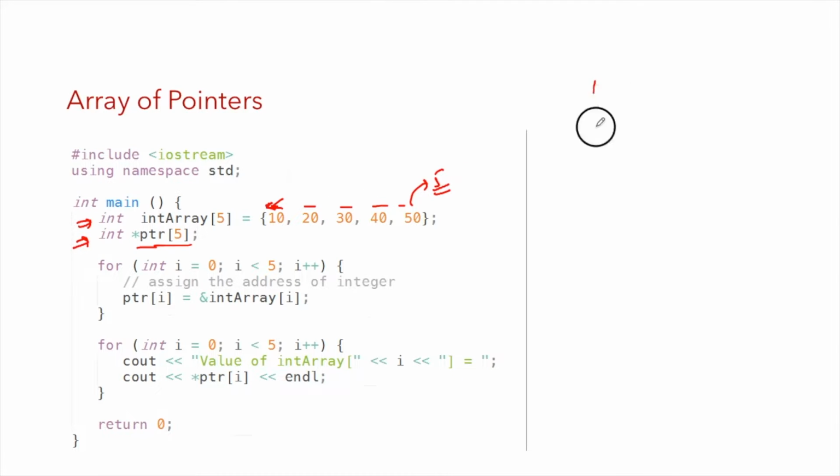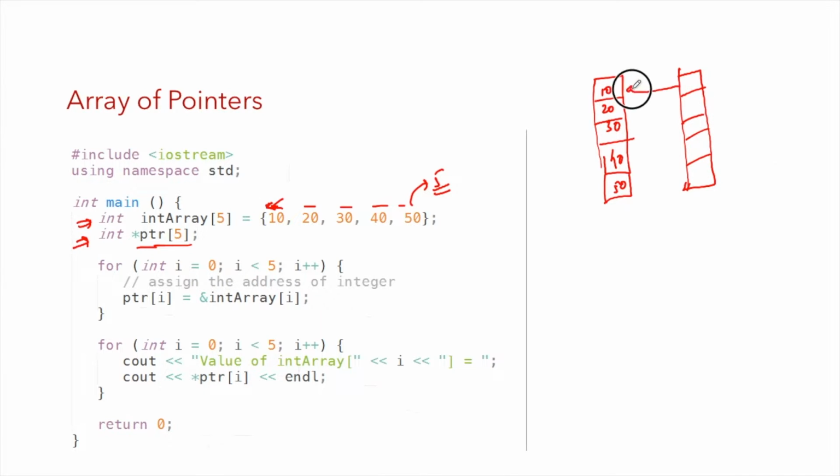So in the memory what is happening is, we have these 5 array elements, let's say 10, 20, 30, 40 and 50, and then we have integer pointers as well. So these are 5 integer pointers, each of which is going to point to these address locations like this. But this doesn't happen automatically, so for that we are using this for loop.